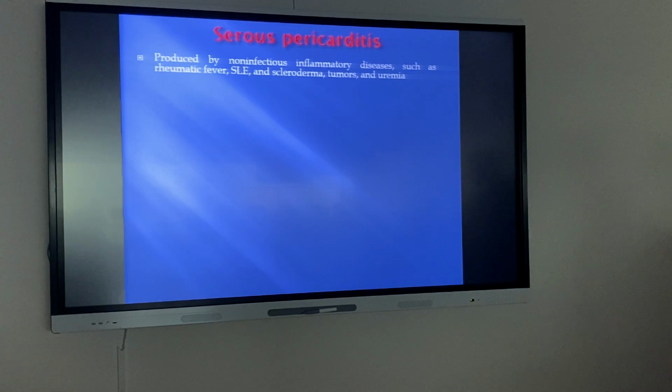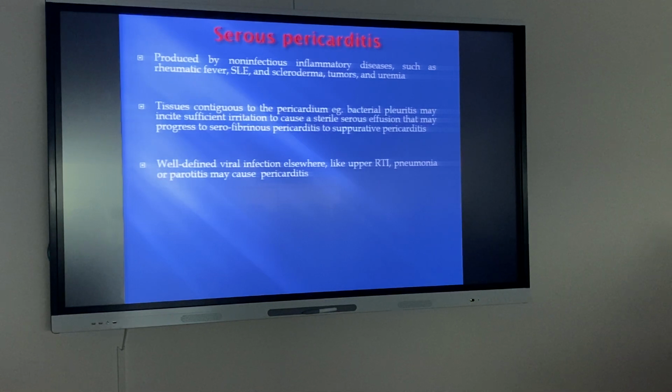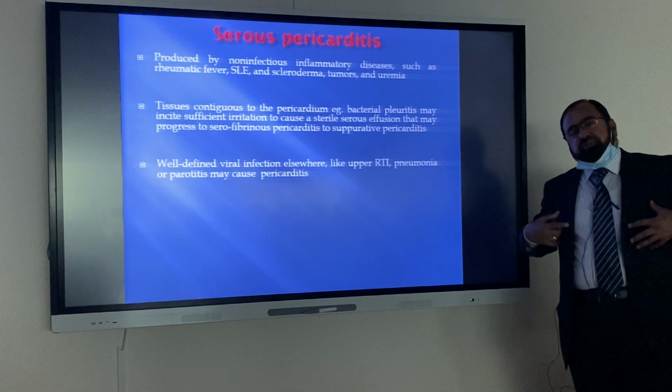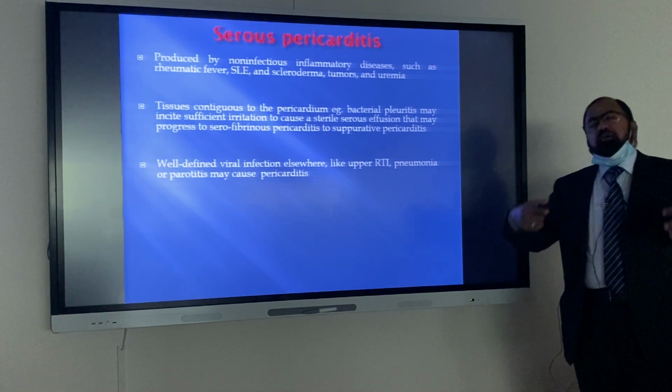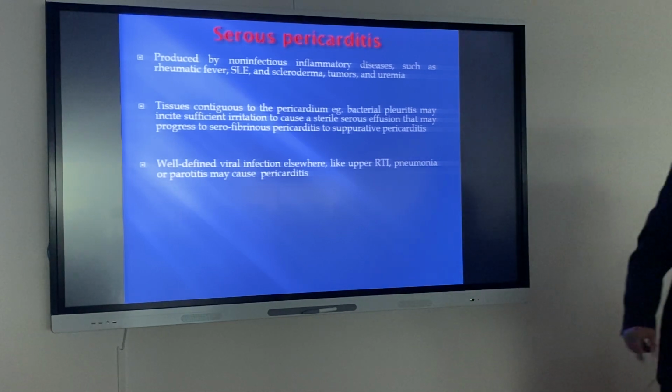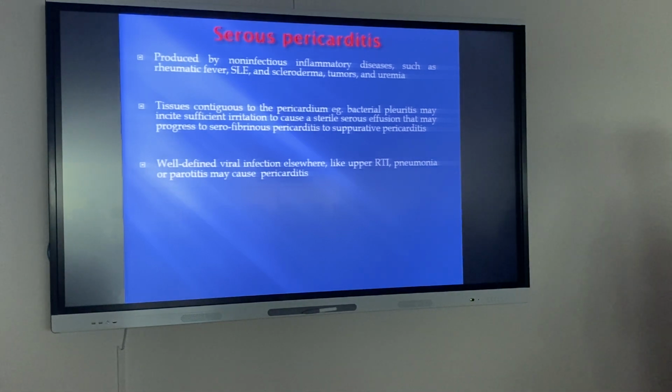So that causes serous pericarditis. The tissue contiguous to the pericardium, such as bacterial pleuritis, may incite sufficient irritation to cause sterile serous pericarditis effusion that may progress to serofibrinous or to a suppurative one. So if, suppose, the lungs and pleura are involved, that can trigger the pericarditis to change into a serous one.